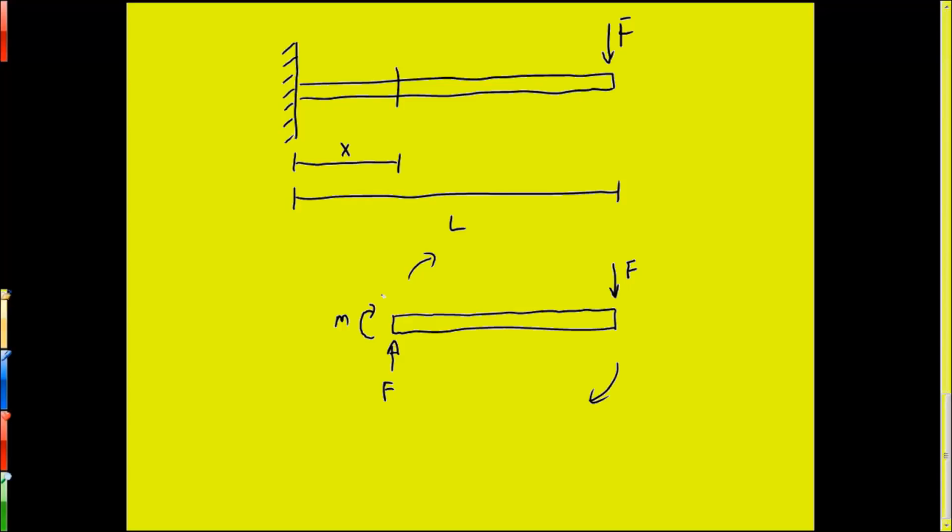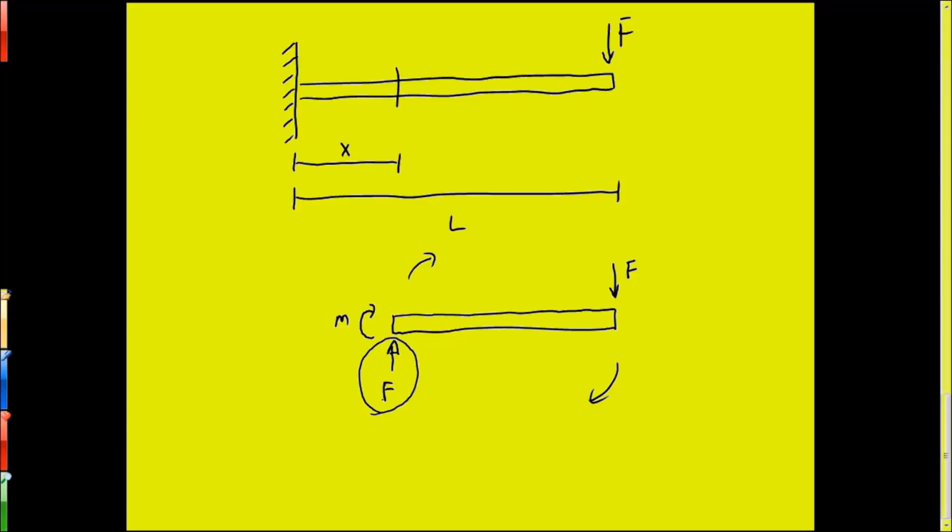Now it turns out for thin beams that the internal force created at the plane where we cut the beam is negligible. That is, the force isn't negligible, but the effect of the force is negligible compared to the effect of the moment at the cut beam.